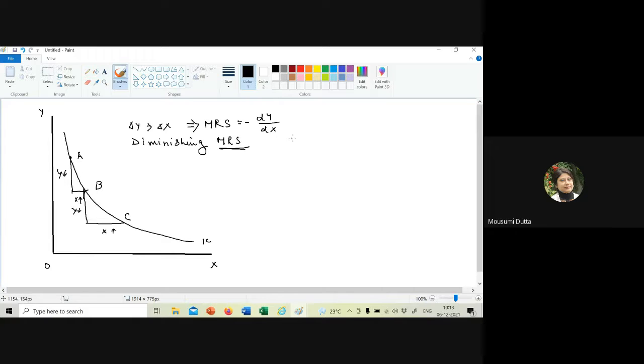Diminishing marginal rate of substitution means the slope, or absolute slope, of the IC becomes flatter as we move along the IC from left to right.